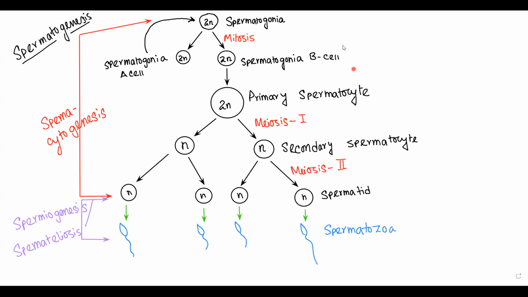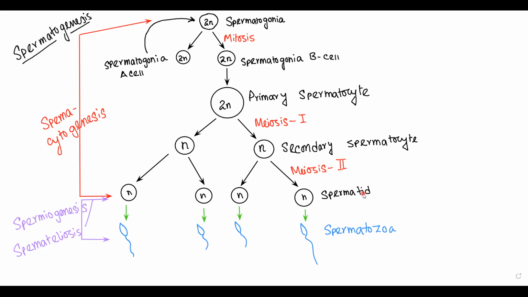This question may be asked for 4 to 5 marks, or they may ask you to define spermiogenesis or spermateliosis. If they ask about that definition, then what you need to discuss is that from the spermatogonia, which is 2n in chromosome number, they produce 4 spermatids, which are haploid after meiosis 2.